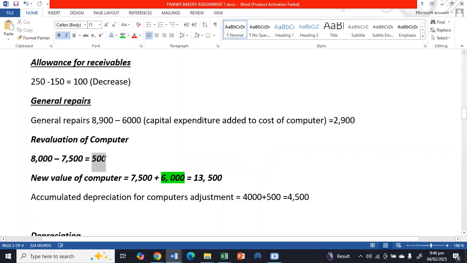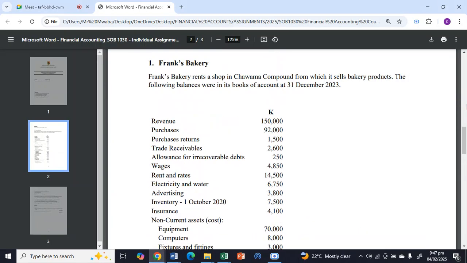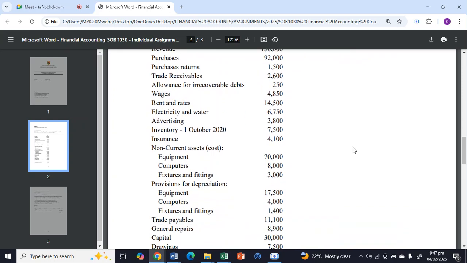No, this 500 is going to go in the statement of profit or loss. It's to be treated like depreciation. It will just be taken to the statement of profit or loss, treated as depreciation, and you add it to the accumulated depreciation. This provision for depreciation here: that same 500, which we're taking as depreciation, you add it to this 4,000 for the provision for depreciation.